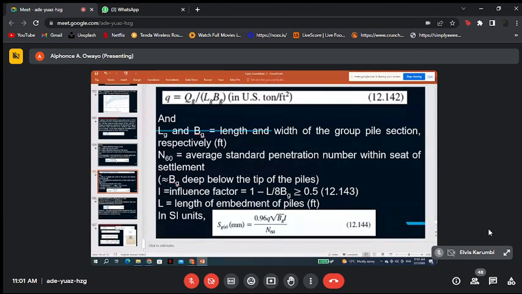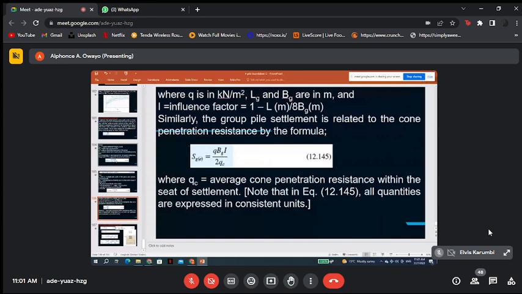That would be very nice for us. So this is the idea actually. So here again, relating the settlement of a group of piles with the SPT, standard penetration test, N60 value. And again here we can also relate with the cone penetration. That would be useful for us.